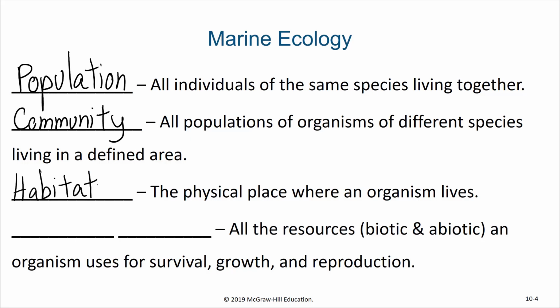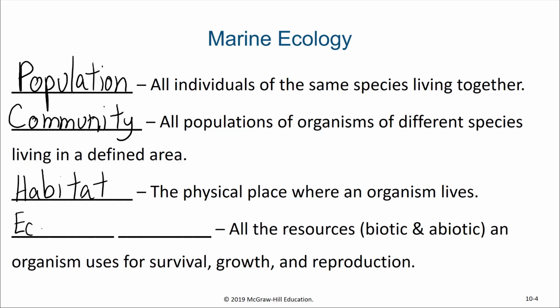And then lastly, when we talk about all of the resources, both living and non-living, biotic and abiotic, that an organism uses for survival, growth, and reproduction, we call that its ecological niche.